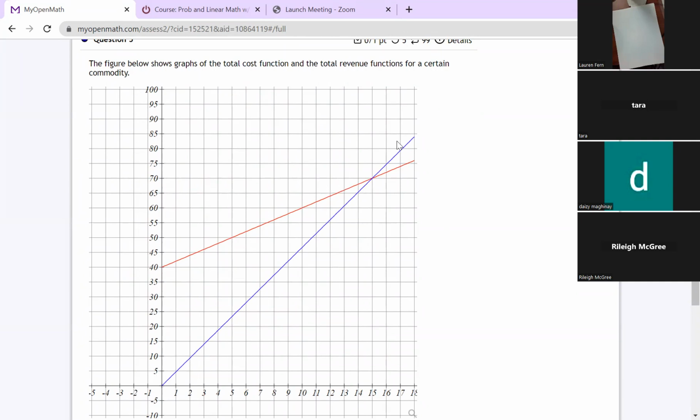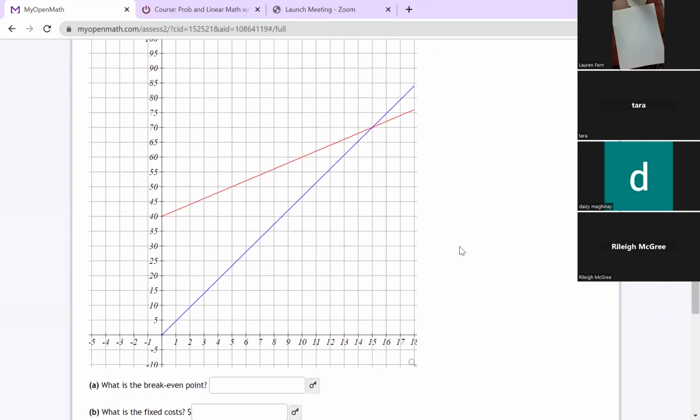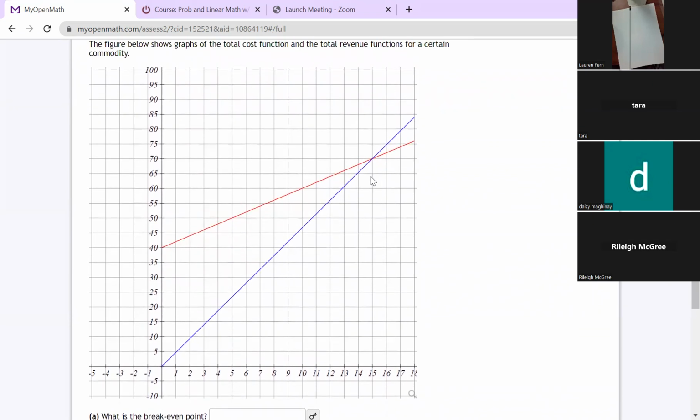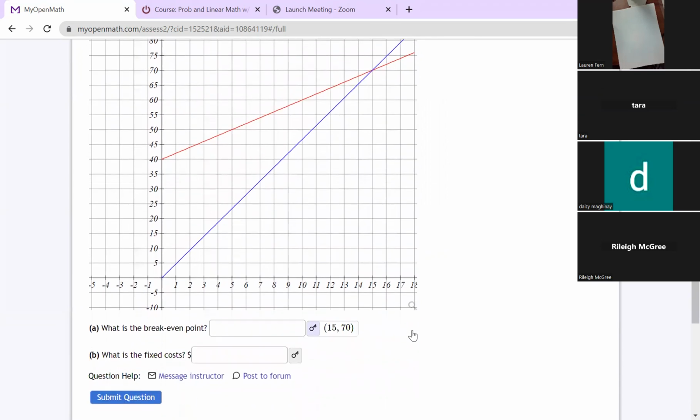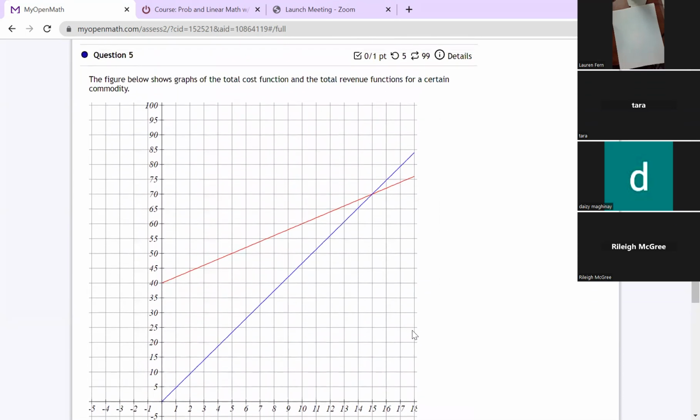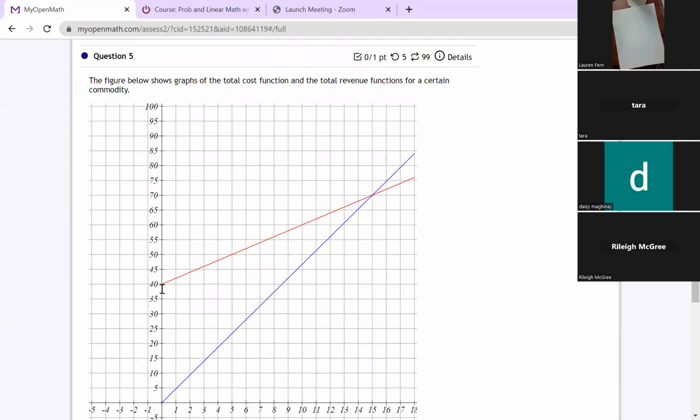Your blue one is going to be your revenue function, and they want you to find the break-even point. Literally, remember, it's when your cost is equal to your revenue. So it's where your two lines intersect. And then they want to know what your fixed costs are. And again, my fixed costs are the y-intercept of my cost function.